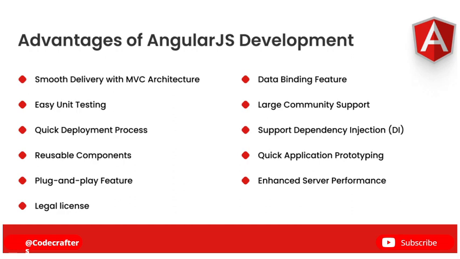AngularJS promotes modularity and reusability by allowing developers to create reusable components and easily inject dependencies between them. Community support. AngularJS has a large and active community of developers who contribute to its development, provide support, and create third-party libraries and tools. Built-in tools. AngularJS comes with built-in tools for routing, form validation, testing, and other common tasks, which reduces the need for third-party libraries and simplifies the development process.